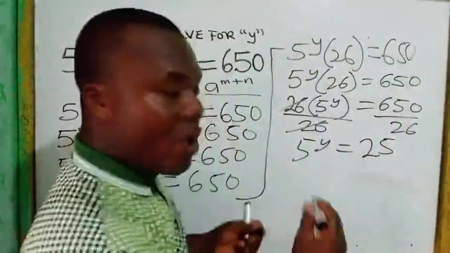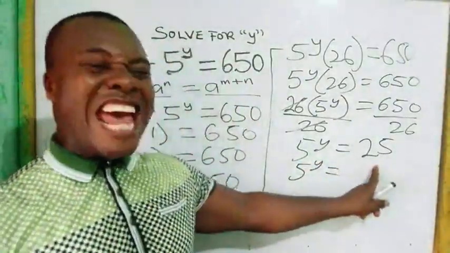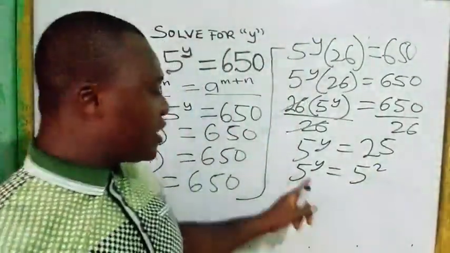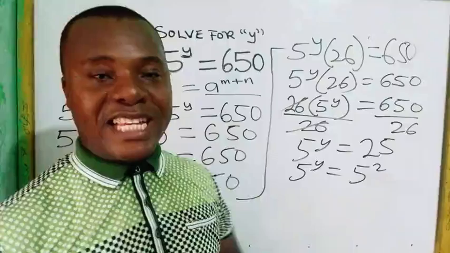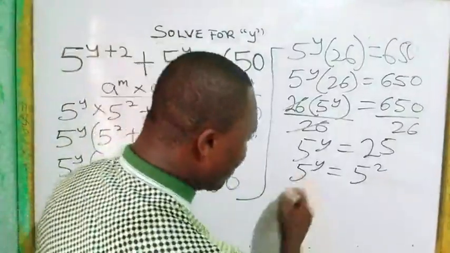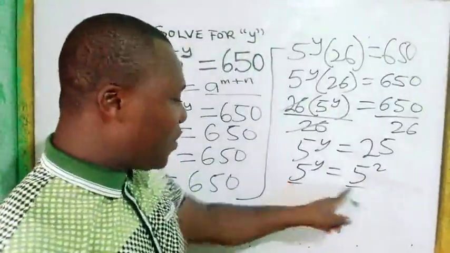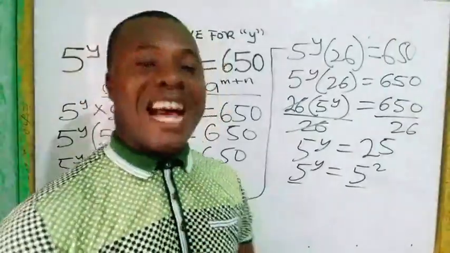So at the end, we are going to have 5 raised to the power y equal to 5 raised to the power 2. So since the bases are the same, because 5 equals 5, then the exponent will be set as the answer.